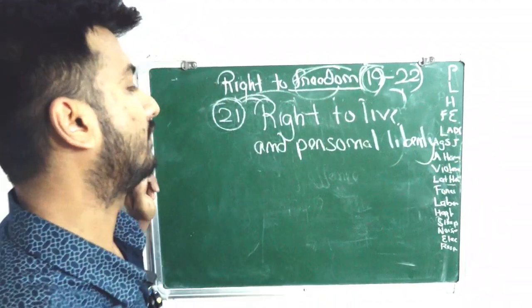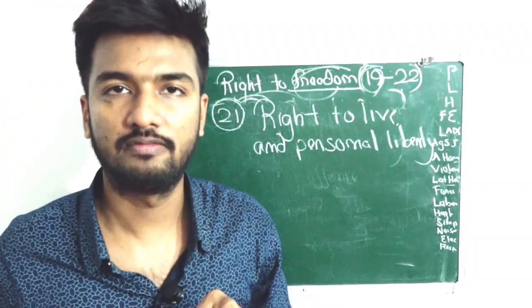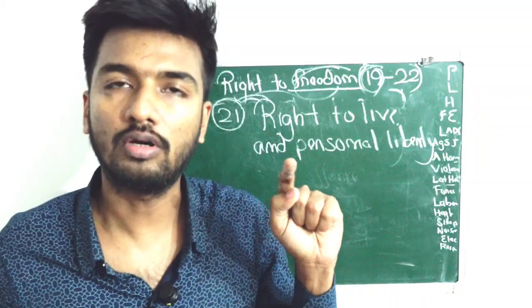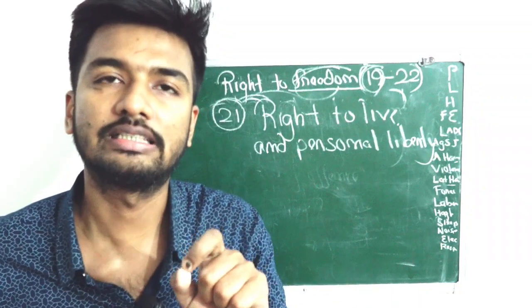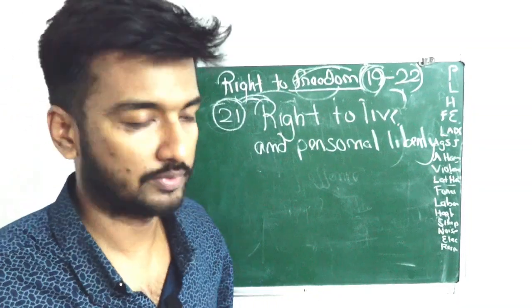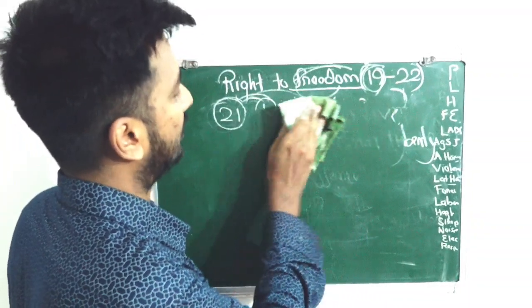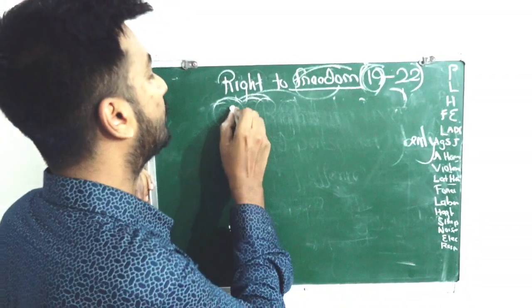Right to live. You have the right to live. And for living a standard, respected, dignified life, there are some rights. For example, under this article, first is the right to privacy.